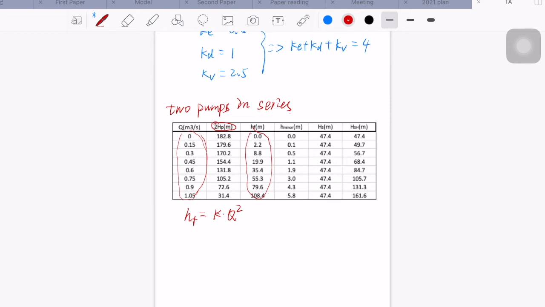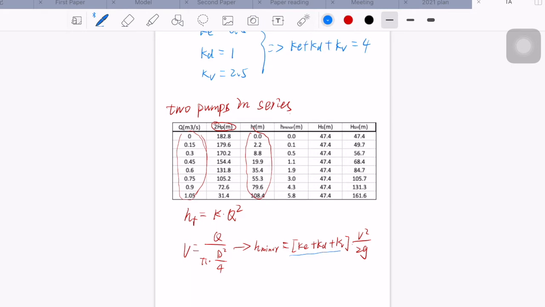And we know the flow rate, so we can determine the velocity accordingly. So the velocity equals Q divided by pi times d squared over 4. So after determining the velocity, we also can calculate the minor losses. So the minor losses equals KE plus KD plus KV times V squared divided by 2G.